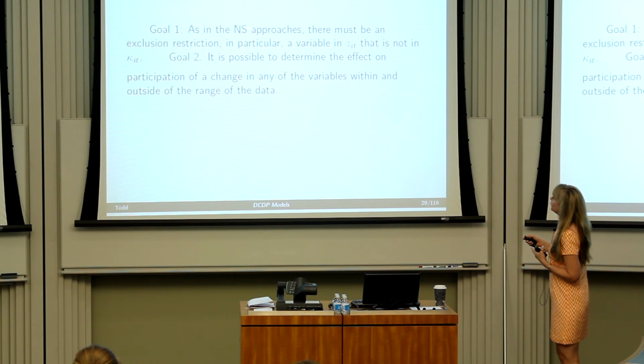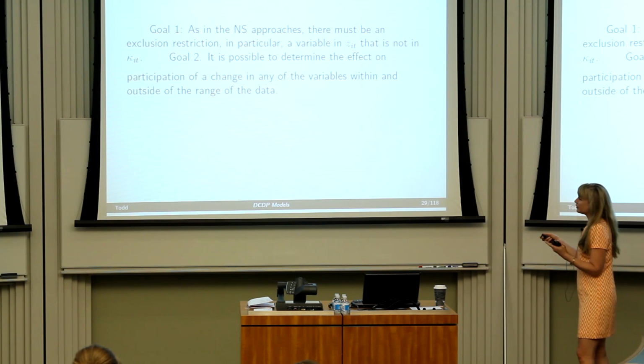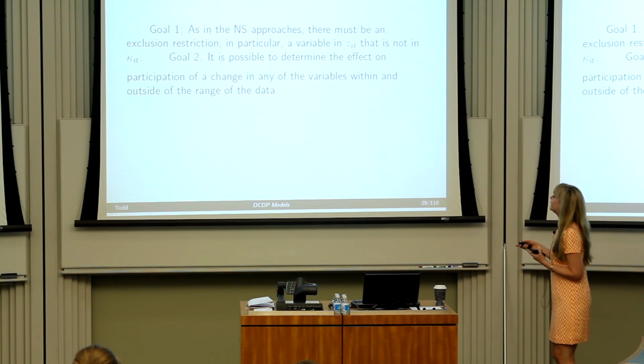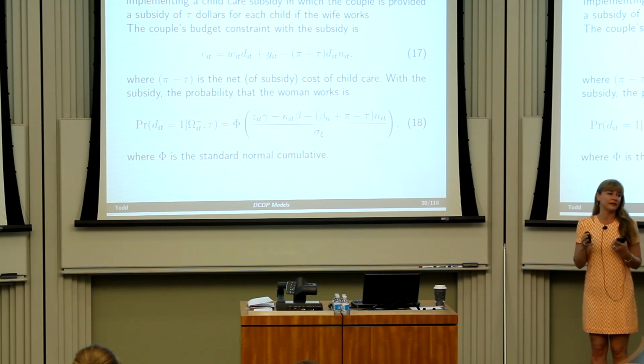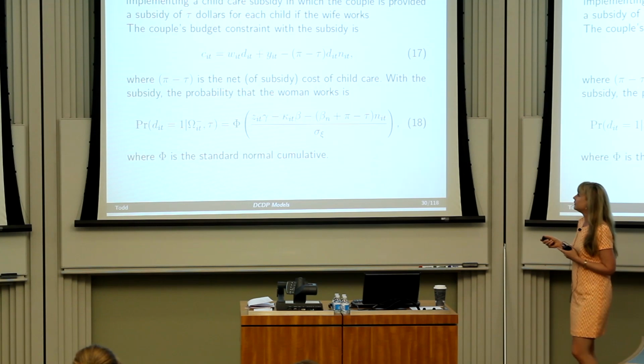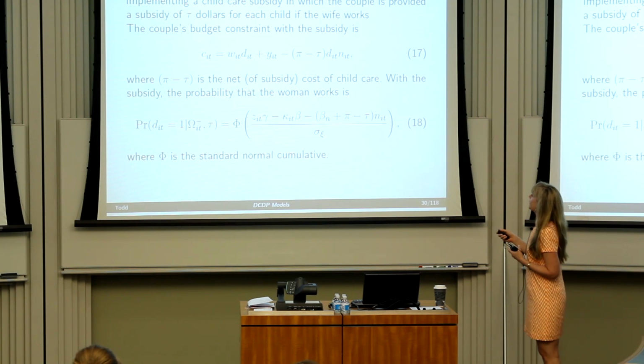Okay, so the first goal. Within this model, since everything's parametric, you can extrapolate outside the range of the data. And then the third, this was something that you couldn't do with the other approaches. So let's see how we can do it here with this approach.